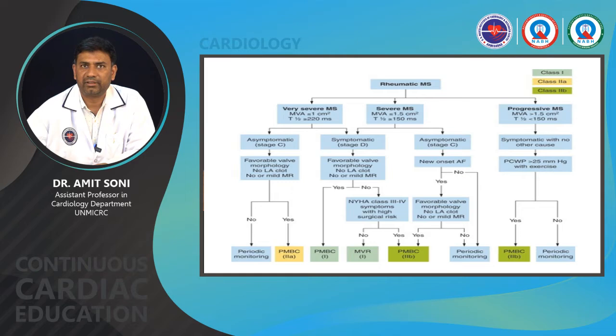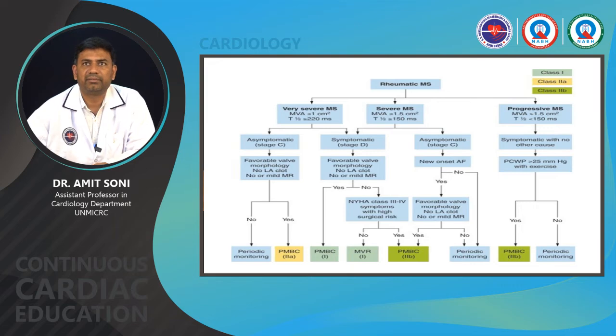If the severe mitral stenosis case is asymptomatic and new onset of atrial fibrillation is there and valve morphology is suitable, then we will go for PTMC. That is a class 2B indication. If it's not suitable and patient remains asymptomatic, then we will periodically monitor this case.